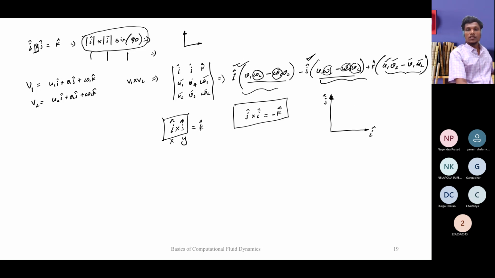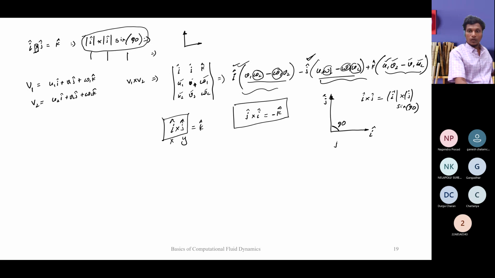You have x direction as this one, and y direction as this one, that is j cap. Earlier you did i cap cross j cap, that is you are going in the anti-clockwise direction, starting from here up to here, this is your 90 degrees. Then you are getting modulus of i cap cross j cap into sine of 90.